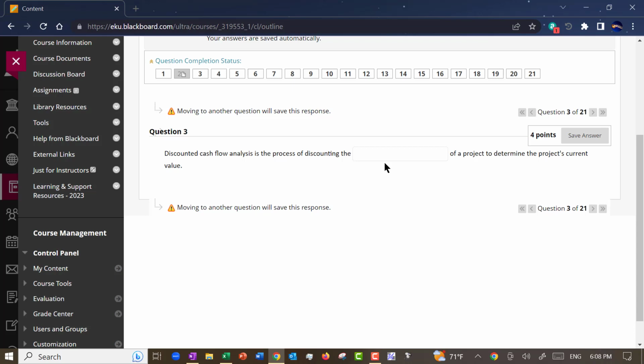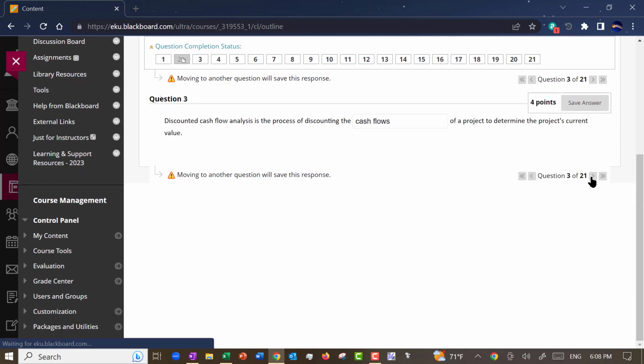It's already present. We discount stuff that's in the future, right? What do we get in the future? Future cash flows or just cash flows. That's the definition of discounted cash flow analysis. Okay.